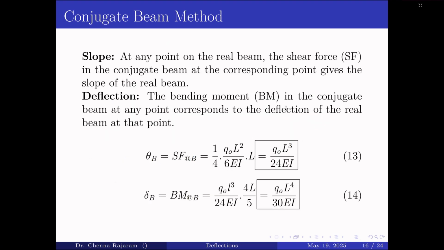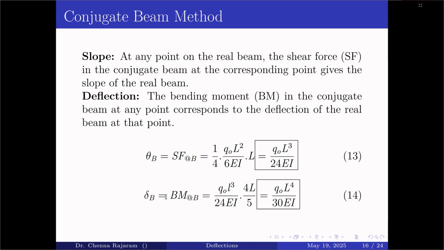Now, the slope at any point on a real beam is given by the shear force in the conjugate beam at the corresponding point. Similarly, the bending moment in the conjugate beam at any point corresponds to the deflection of the real beam at that point. So theta B is equal to the shear force at point B, which is 1/4 of Q naught into L square divided by 6 EI into L, equal to Q naught L cube divided by 24 EI.